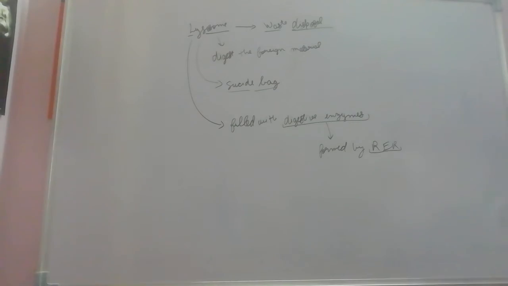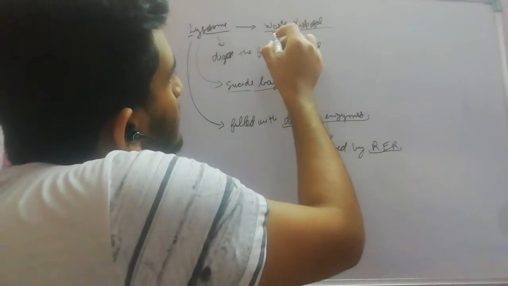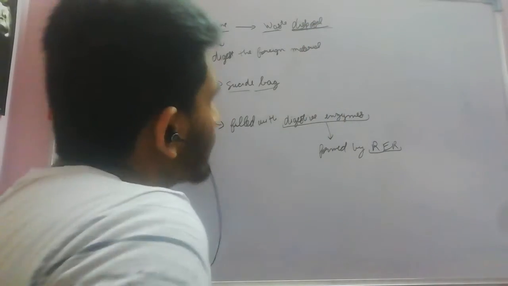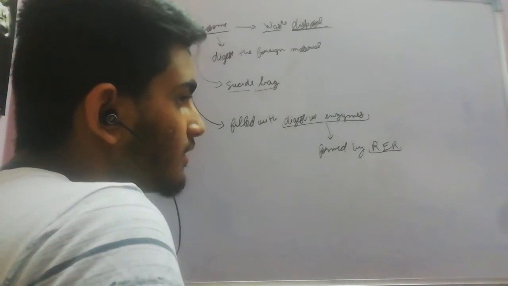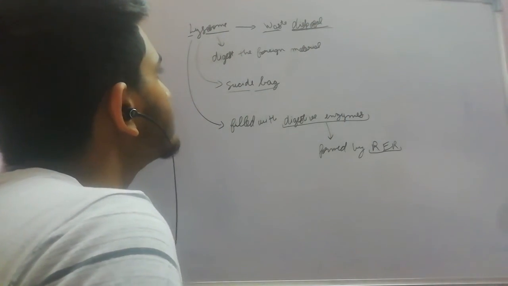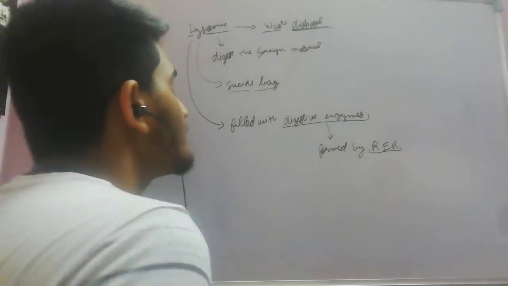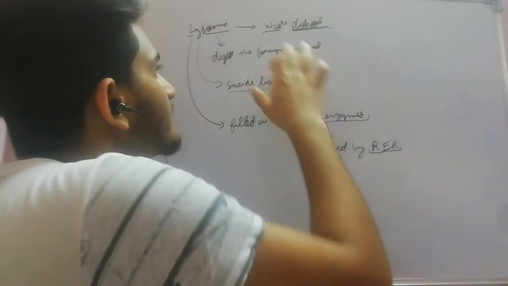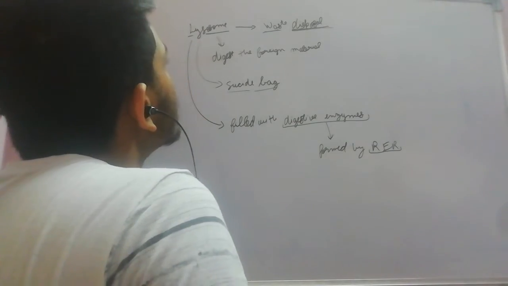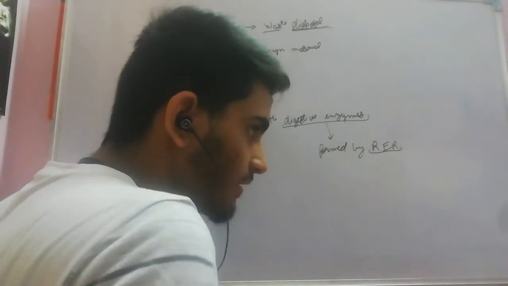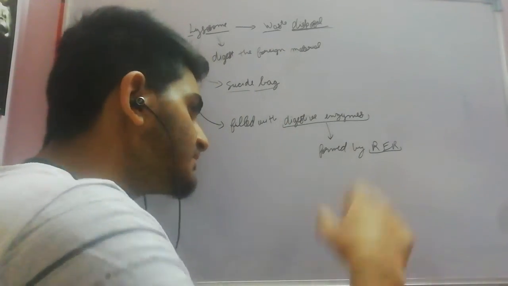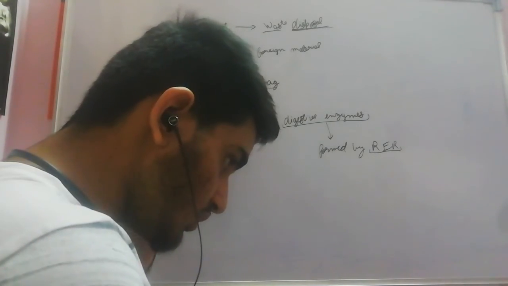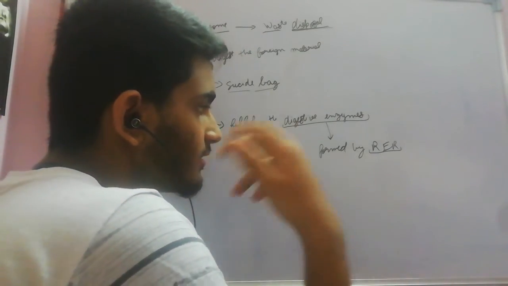Now let's talk about the lysosome. Lysosome is the waste disposal organelle of the cell. Any waste in the cell is digested by the lysosome, so it is a sort of waste disposal of the cell, and it also digests foreign material. Any foreign material that comes inside the cell is also digested.